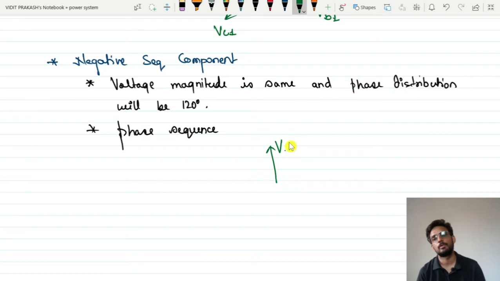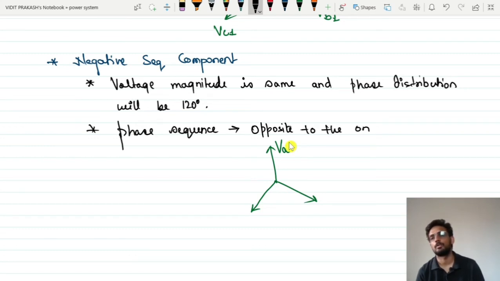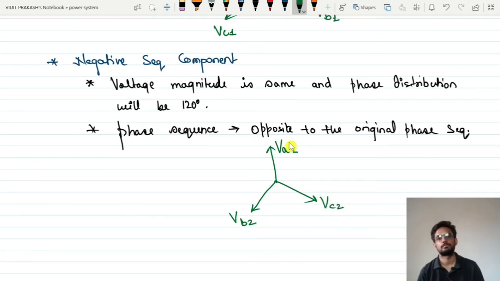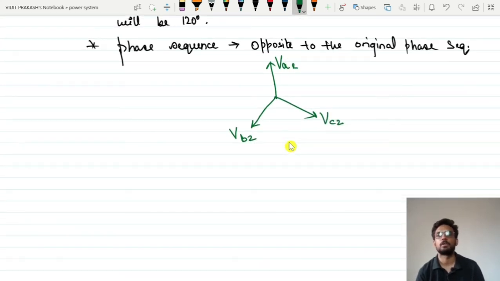Earlier we have VA, this was VB and this was VC, right? So here the phase sequence will be opposite to the original phase sequence. That will be VA2, VB2 and VC2. Okay, so negative sequence component is represented by 2.